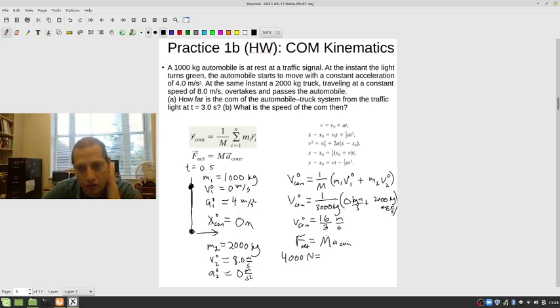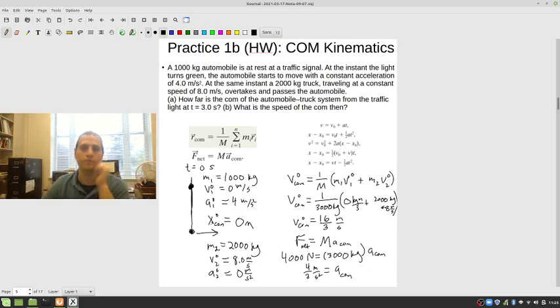So my total mass there is going to be 3,000 kilograms. My A of the center of mass is going to be 4 thirds meters per second squared. And that's my A center of mass.